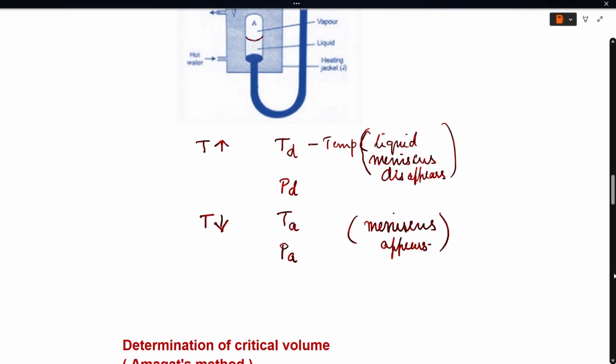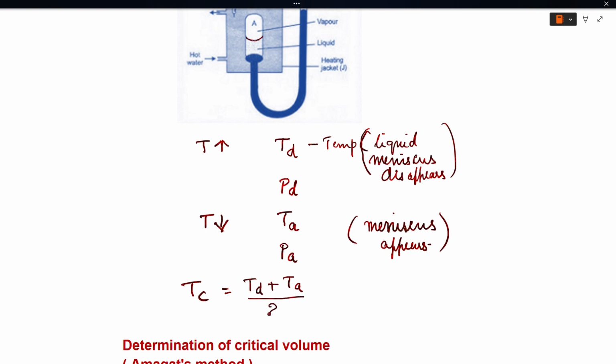So we are doing both together and we are going to take the mean in order to reduce any experimental error. Now we will find the critical temperature as TD plus TA whole divided by 2. This gives a mean of these two. That will be the critical temperature.